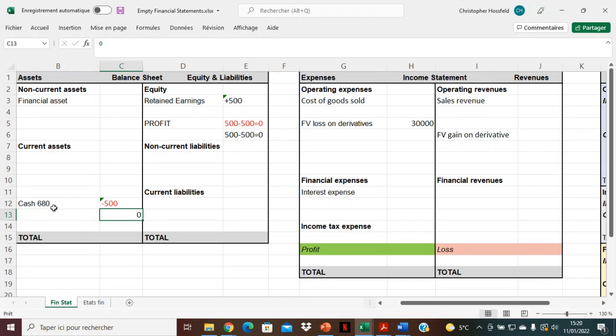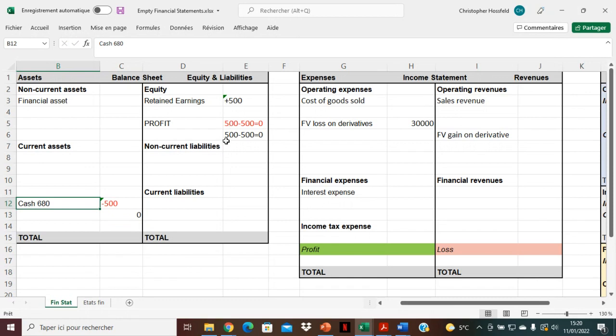But if I pay no dividends, my remaining cash is still 680. So the dividend decision is also based on cash considerations. Should I give the cash to the shareholders or keep the cash in the company? So that's the cash impact.